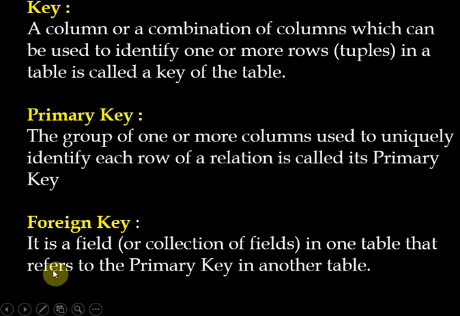The foreign key is a field or a collection of fields in one table that refers to the primary key in another table. When you join more than one table, the foreign key refers to the primary key in the other table.